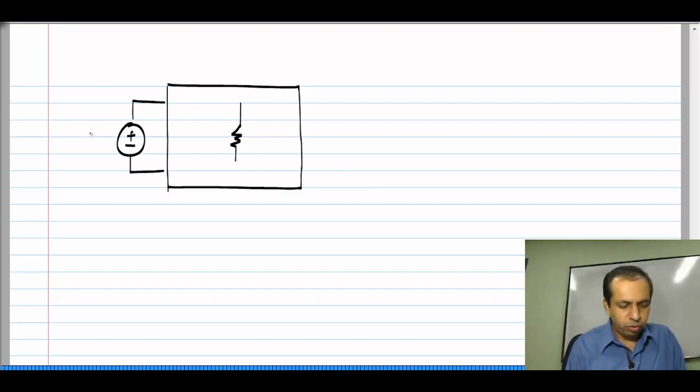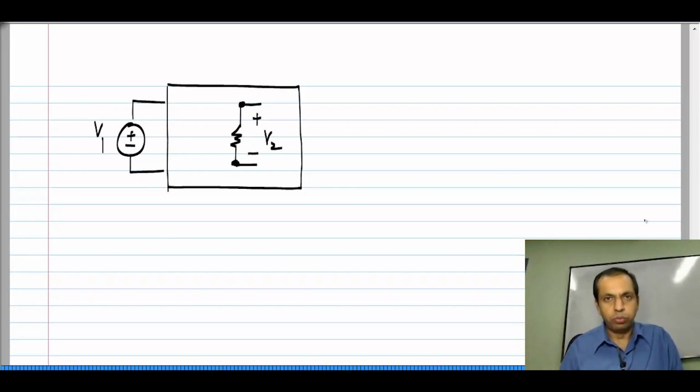I will consider that to be a voltage source. Okay. Let us say you already solved for this case, that is, I know that if I apply V1 here, between these two nodes I get a particular V2.